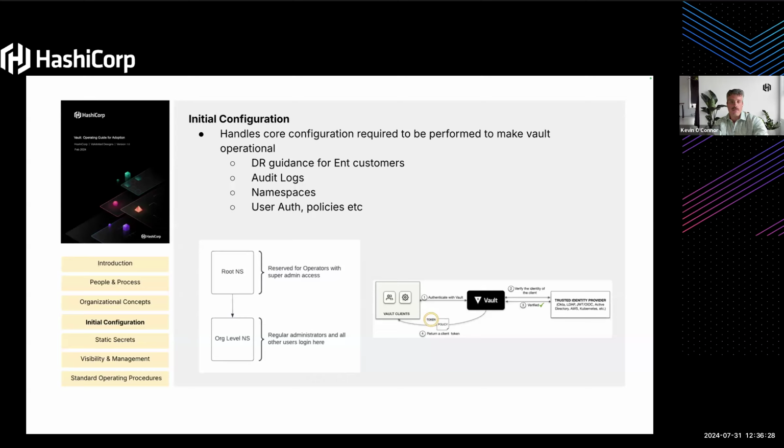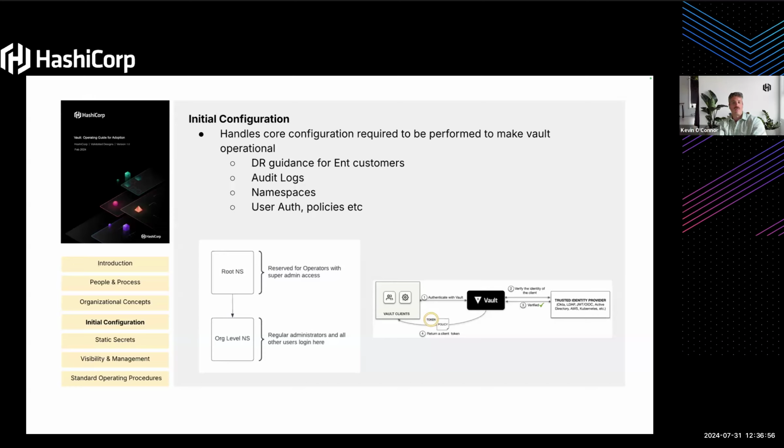On the namespace side, we talk about some more detail on how you can use them for tenant isolation, how you should set up the initial namespace structure to secure the root namespace, so only super admins can access Vault's system APIs. We also talk about some anti-patterns, which I particularly like in this section. We often get questions around benchmarking of Vault, or what are the limits and maximums of Vault's backend storage.